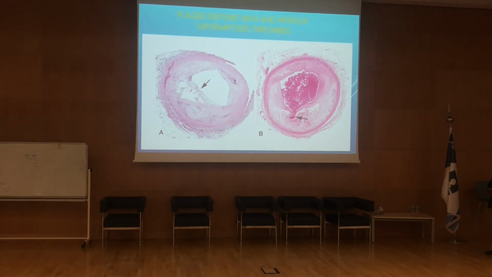Now these are two sections of a coronary artery. In the first one, you can see a rupture here, but there is no thrombosis here. They say that they have taken this section because the patient died abruptly, so when they took the section, there was no chance of thrombosis.